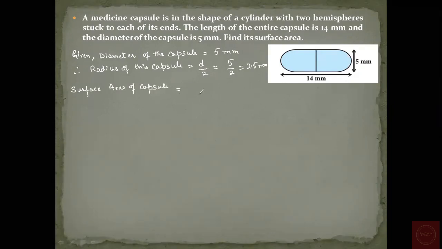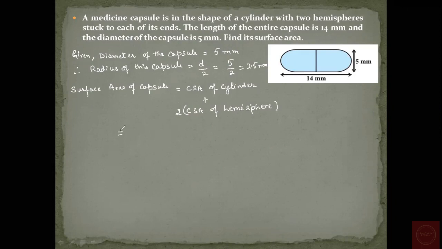So how can we find the surface area of this capsule? That is curved surface area of cylinder plus curved surface area of hemisphere. Now we have two hemispheres, so we multiply the hemisphere by 2. What is the formula of curved surface area of the cylinder?